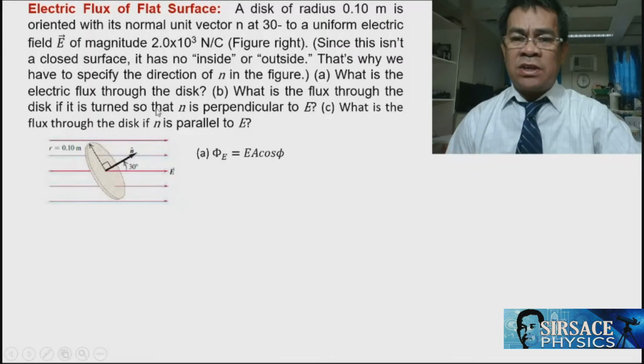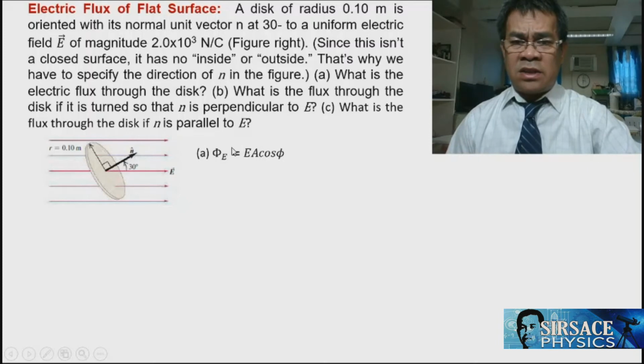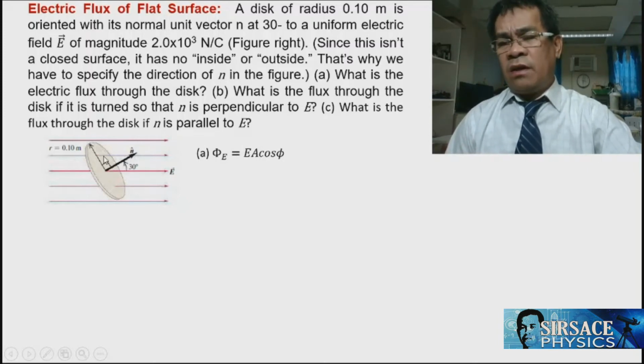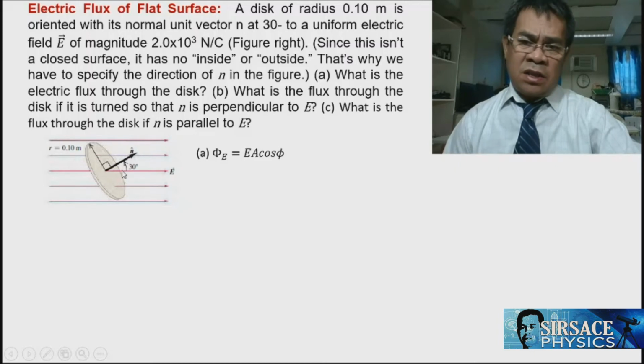Substituting the values for the electric field, which is 2 times 10 positive 3 Newton per coulomb, and we have the area. The area is a circle, so the formula for the area is pi r squared. So take the pi, multiply it by the square of the radius. The result is A. Then cosine of P. P is the angle between E and A, so this happens to be 30 degrees.